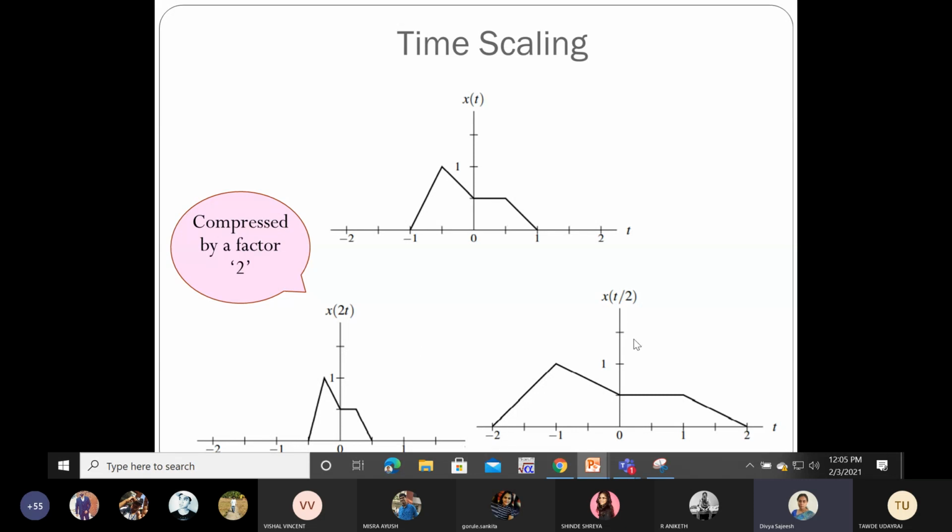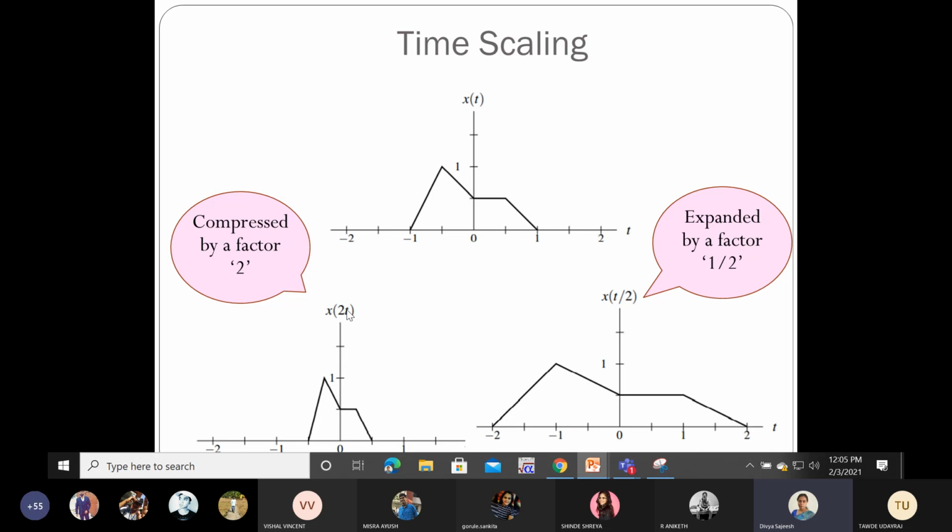Okay. So if a is greater than 1, it will be compressed on the time axis. If a is less than 1, the signal will get expanded by a factor of 1 by a. This will be compressed by a factor of a, and this will be expanded by a factor of 1 upon a. Okay, so don't get confused.